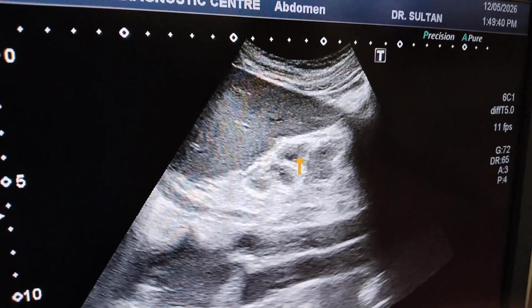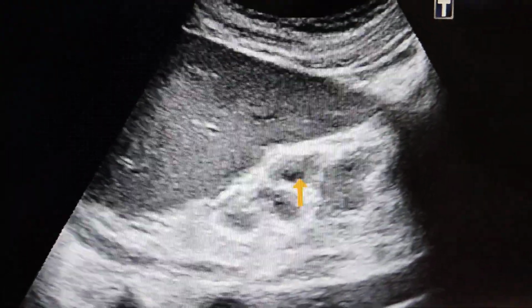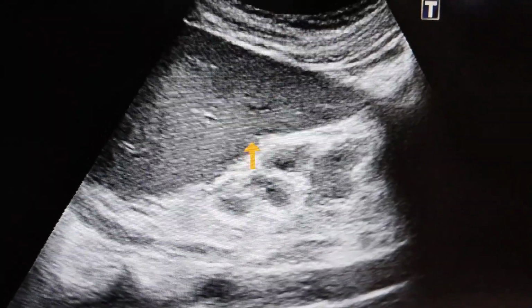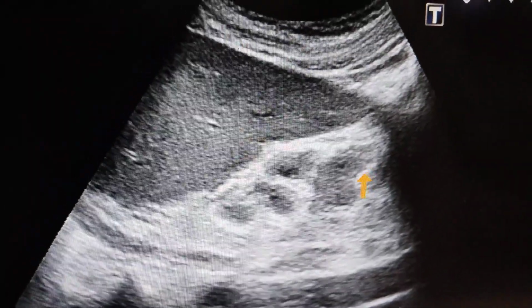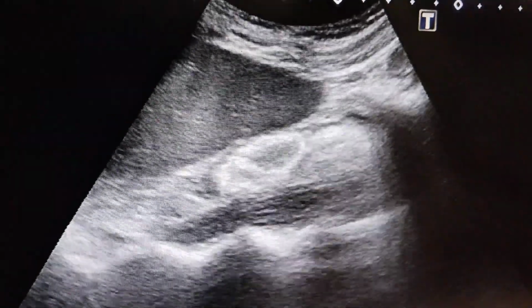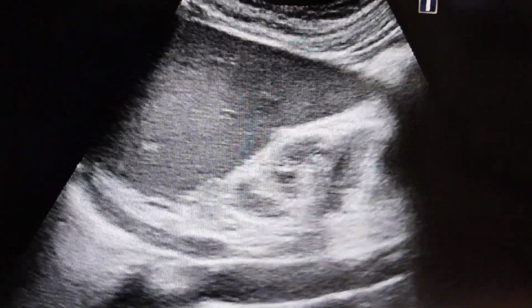This is the pyramid. This is the pyramid. So these are not having calcification. This is the cortex. This is the cortex, which is having calcification. So this term is used, nephrocalcinosis.